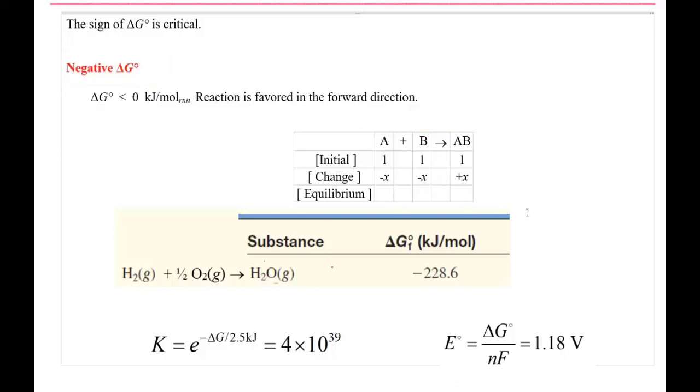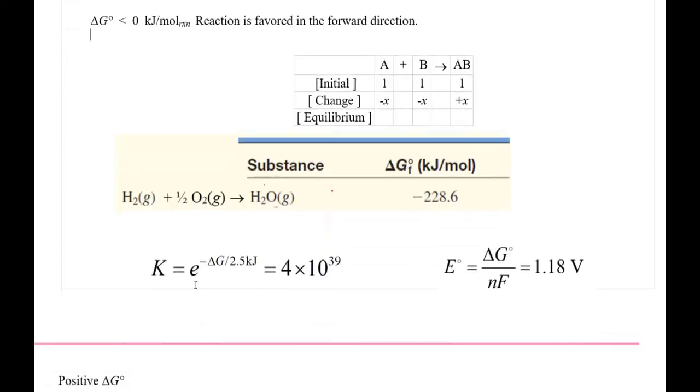Now we talked about hydrogen and oxygen burning to make steam, and we get this negative 229 kilojoules for every mole of steam that's made. Ability to do work. This reaction goes forward so well, and here's one equation that you're going to see.